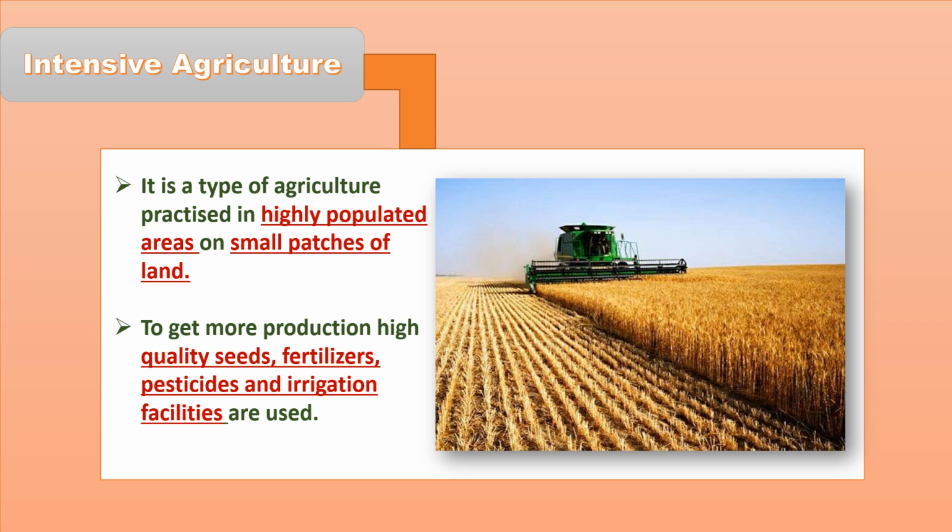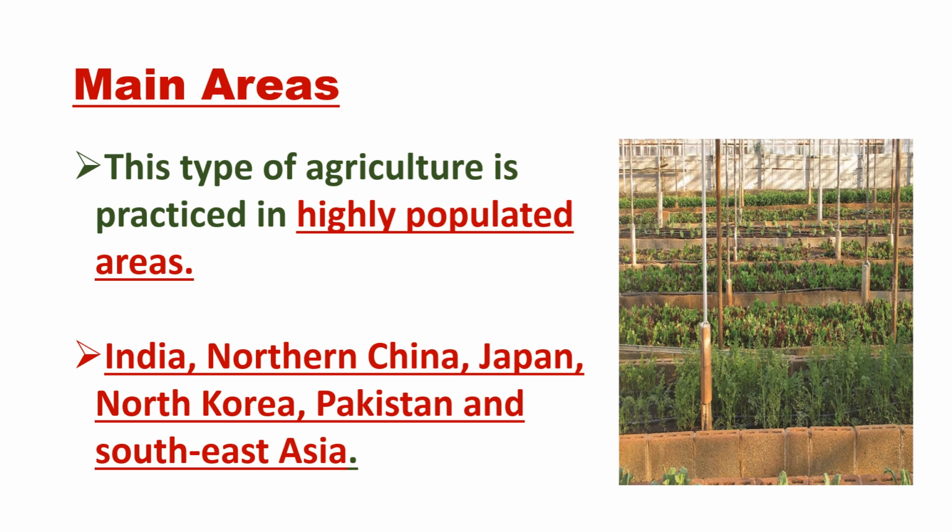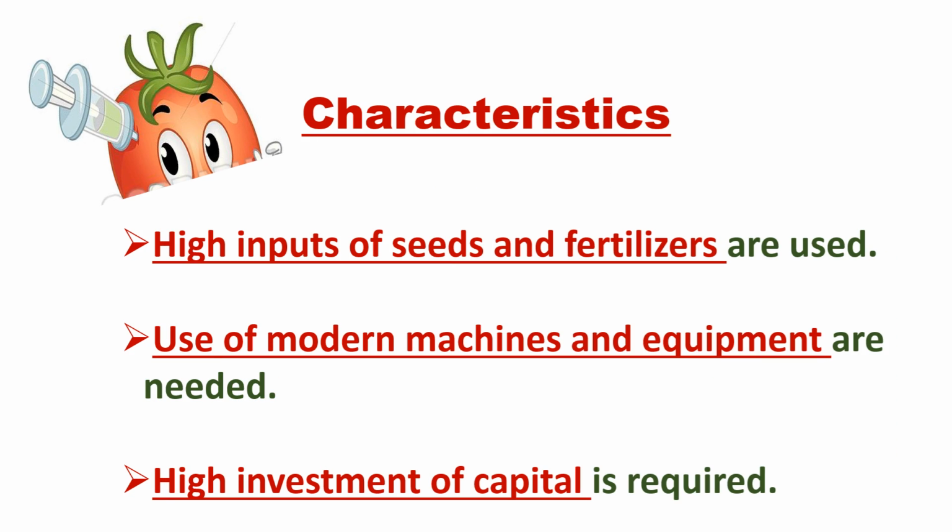So all these things, good quality seeds, fertilizers, pesticides, and enhanced irrigation facilities, are used. So it is profit based. Then main areas, as I've already told you, highly populated areas. If we talk particularly about the countries, then India, northern China, Japan, North Korea, Pakistan, and Southeast Asia: in these regions this particular type of agriculture is practiced.